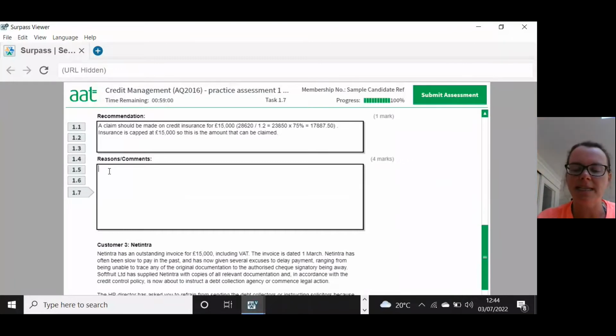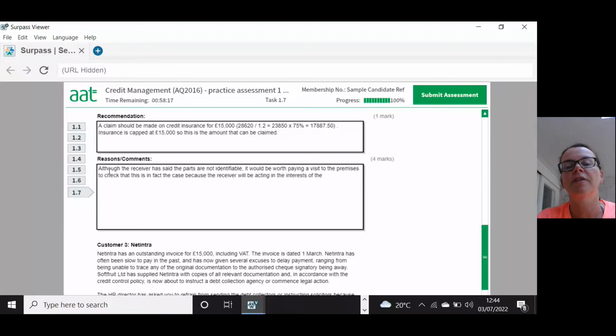So I might say something here like, although the receiver has said the parts are not identifiable, it would be worth paying a visit to the premises to check that this is in fact the case, because the receiver will be acting in the interests of the fixed charge holder.